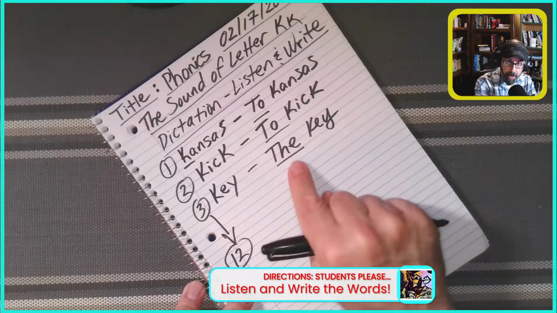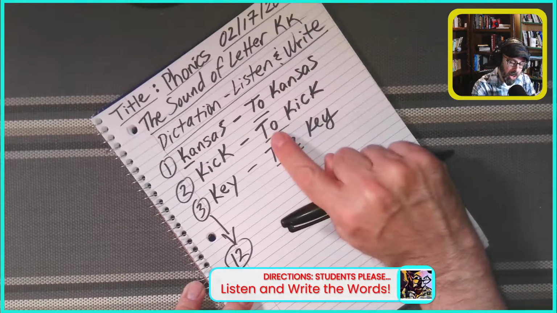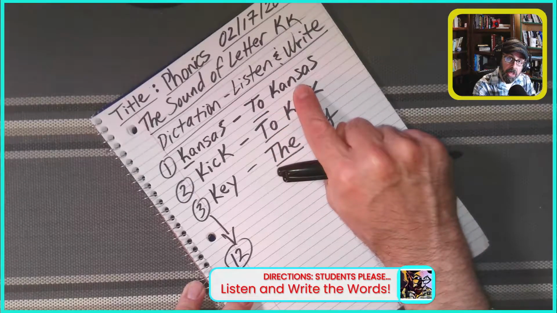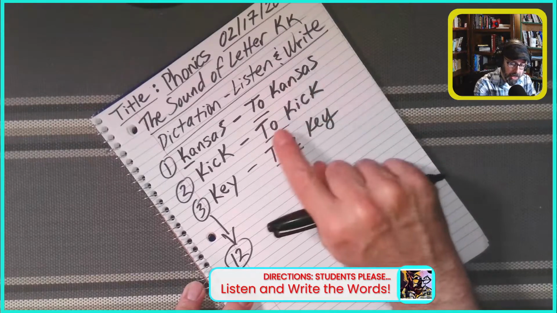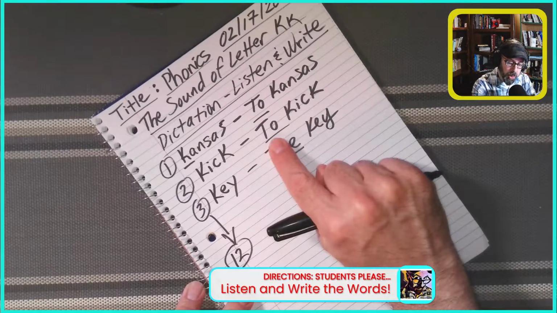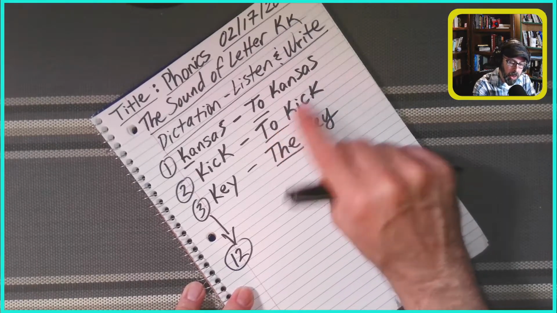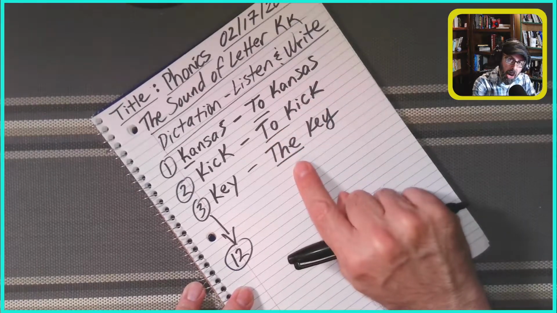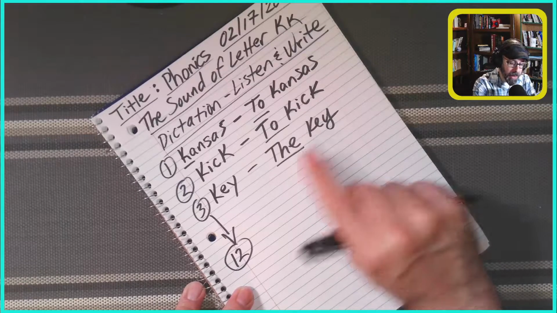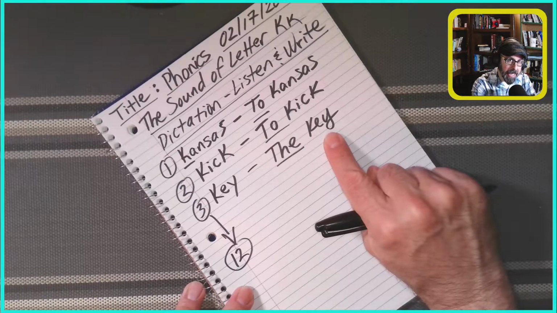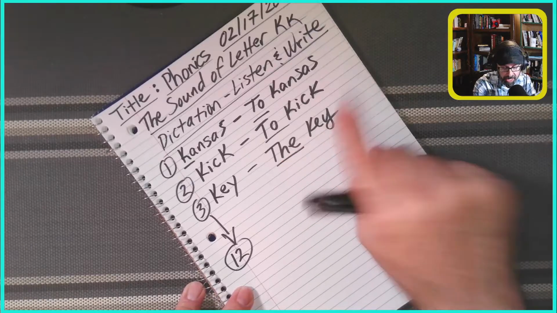So we saw "to" with location, place: go to school, go to Kansas. We see "to" with the verb action: to kick, to read, to learn. Now we see the article "the" with the noun key. Key is a noun, key is a thing, the key.